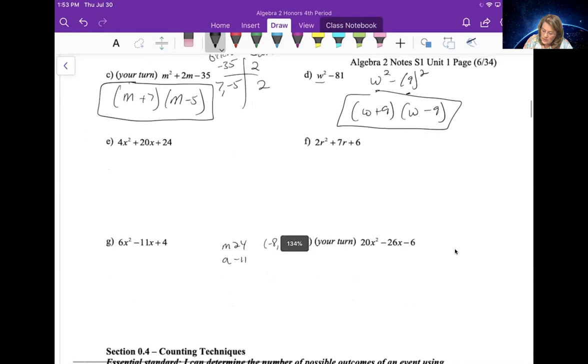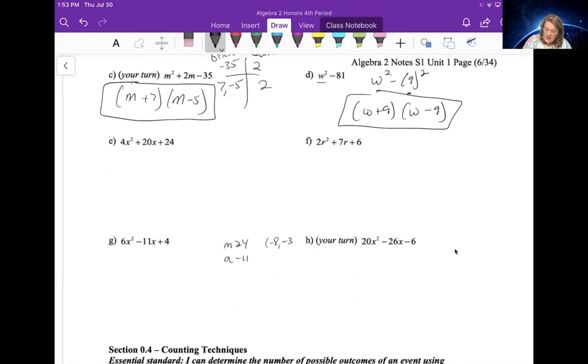Okay, continuing on to E. At first glance, you say to yourself, okay, I've got the x squared plus bx plus c. But the other thing you might notice is that I have a common factor amongst all of the terms. And since that's the case, to make your life easier, I would highly recommend you pull that factor out, and that would be a 2.